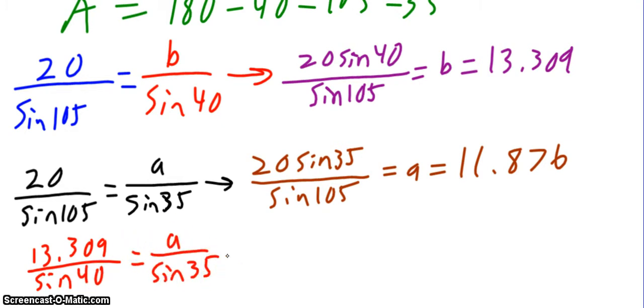The reason why I don't want to do that, if I can avoid it, is because this number here, 13.309, is a rounded value. And I want to try to keep exact values as much as possible, so using given information where it's not rounded will help me do that.